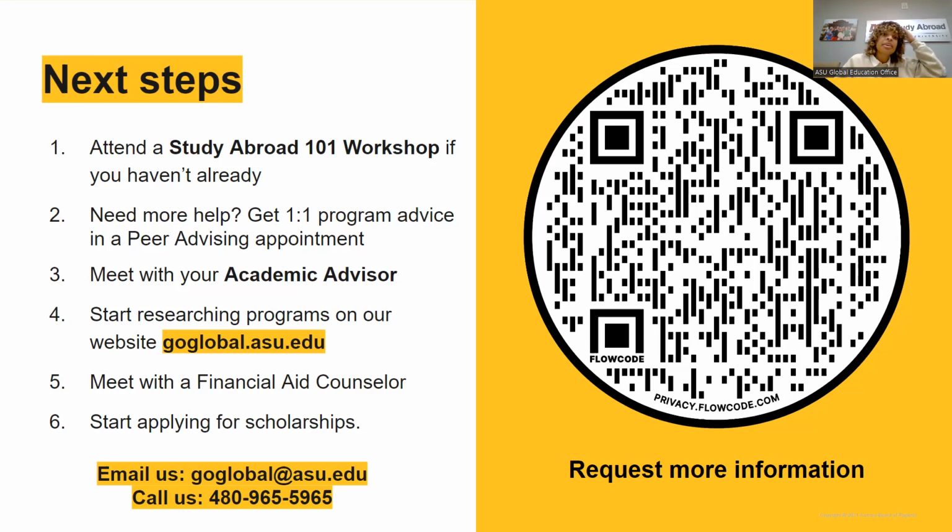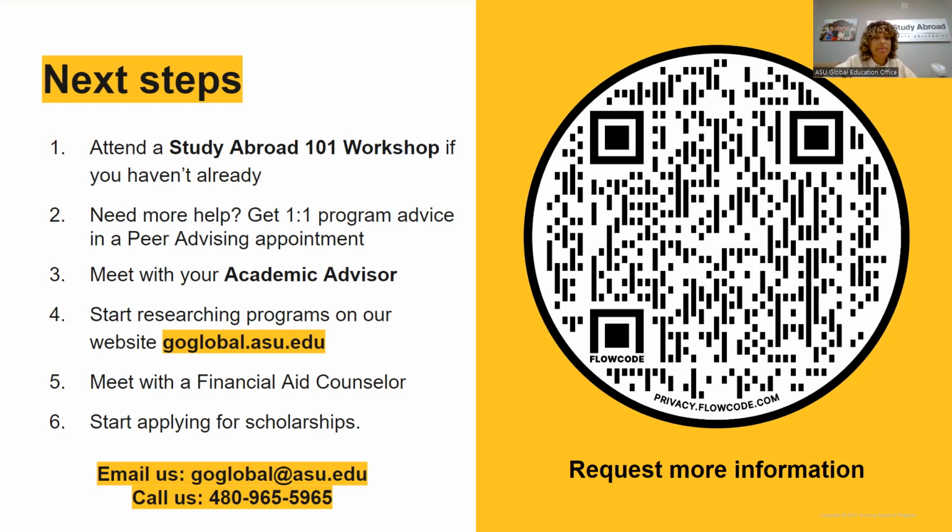And also, you can just ask any question to us, basically. We're just students and we want to help, and we are all alumni of studying abroad. So we know all about the student experience. If you just want to hear about that, definitely schedule a peer advising appointment.